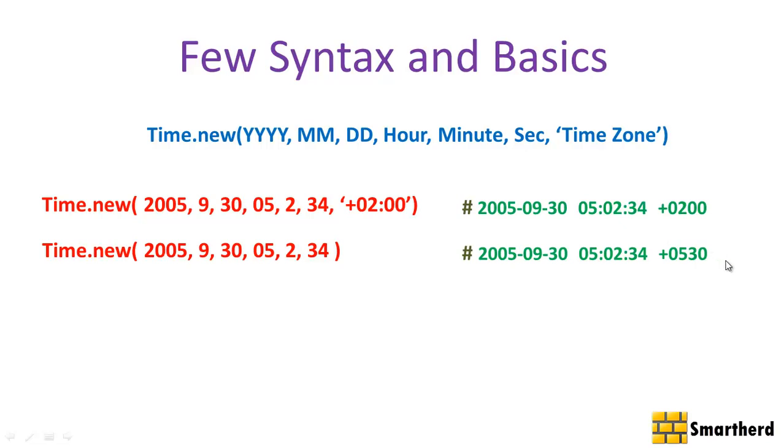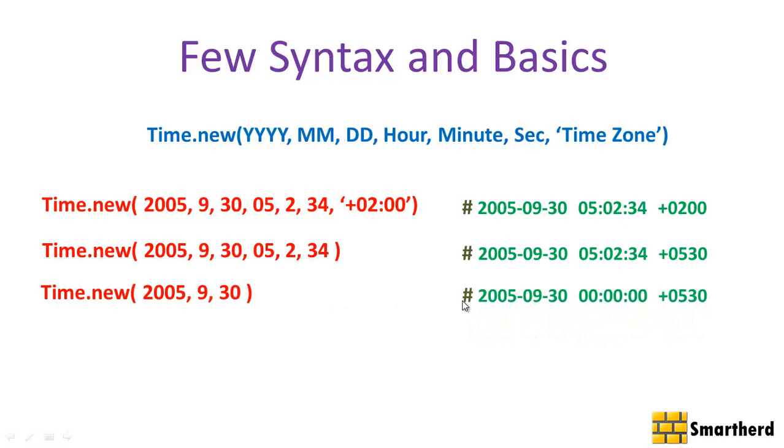That is, it is going to initialize an object with your default time zone, at which your PC or laptop is synchronized. Now, suppose again Time.new 2005, 9, 30 like this, we don't have this time value, 5 hours or whatever, it's morning 5 a.m., 2 minutes or 34 seconds, like this, we don't have these parameters here. So it is going to initialize an object by default as 2005 September 30th like this.